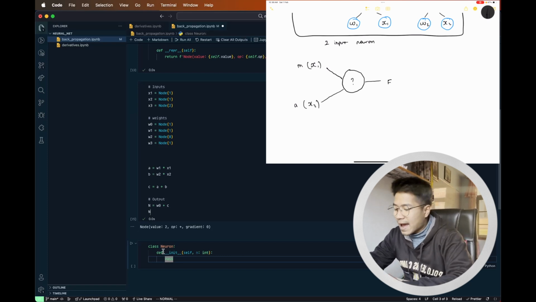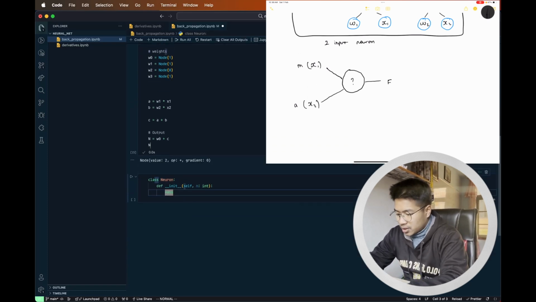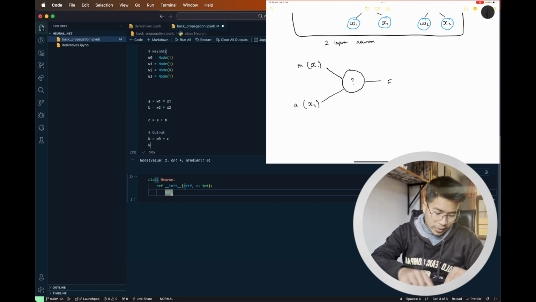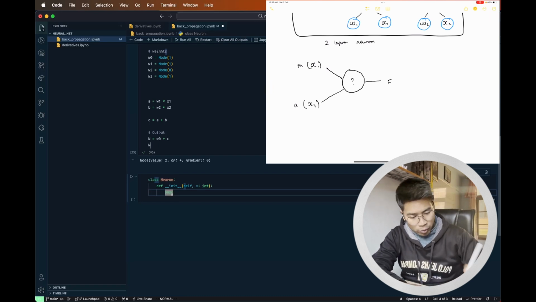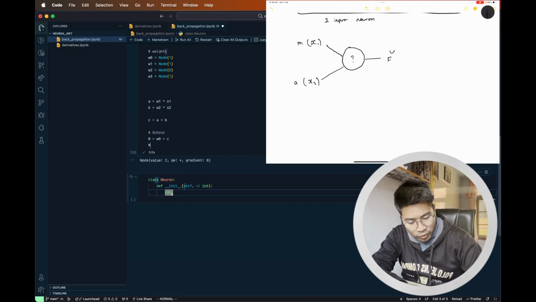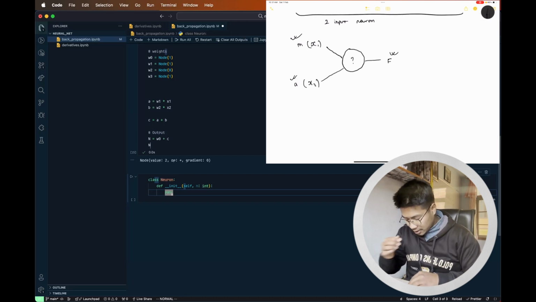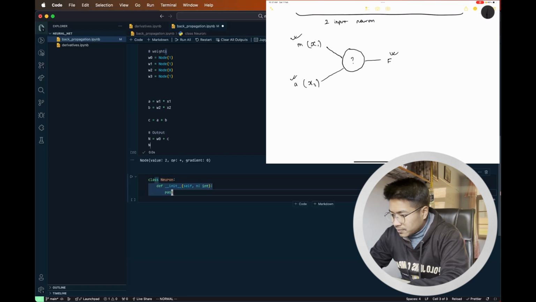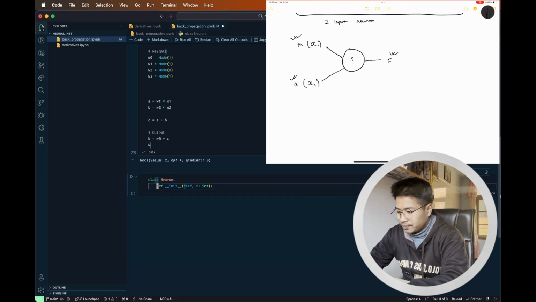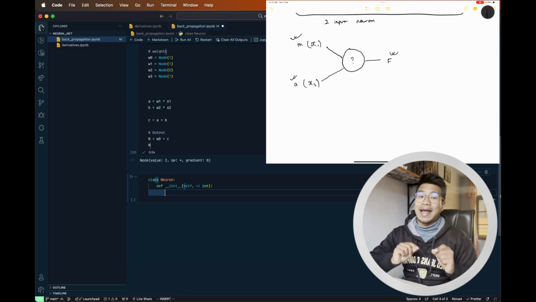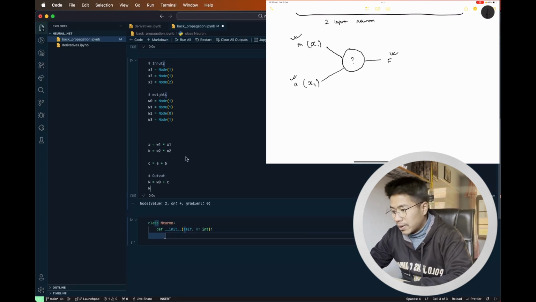So if I have n number of inputs for this neuron, I should have n number of weights, if you remember.